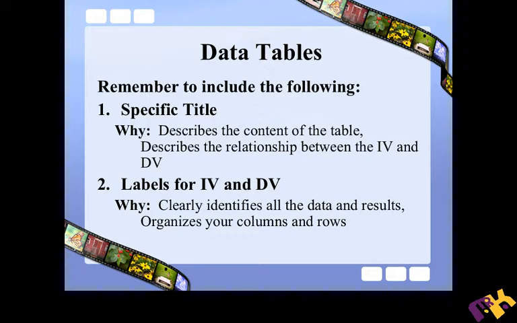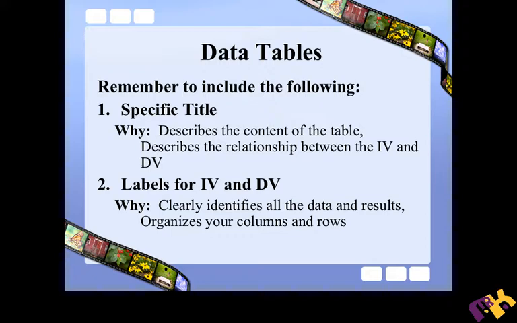Average plant growth versus amount of water, or average plant growth versus amount of sunlight, or whatever. That would be something that very easily points us in the direction of what this data is supposed to be showing us. And then for our labels, we should make sure that we label the independent and dependent variable. We're going to see some examples of tables and graphs and charts.